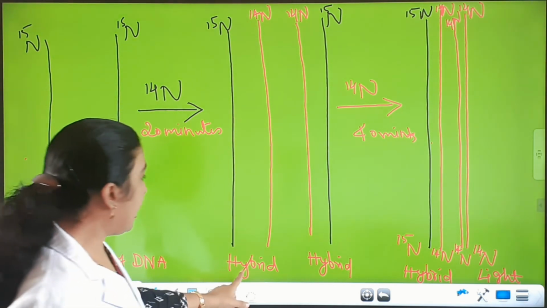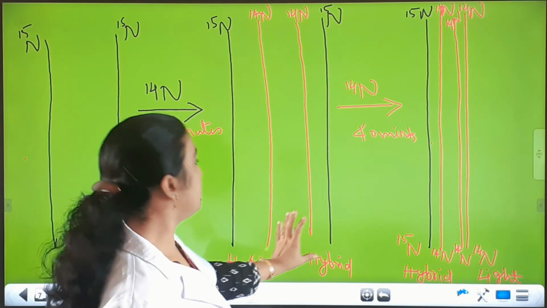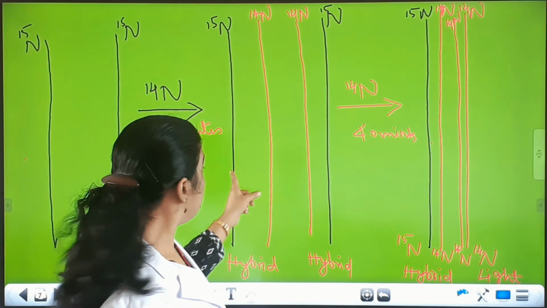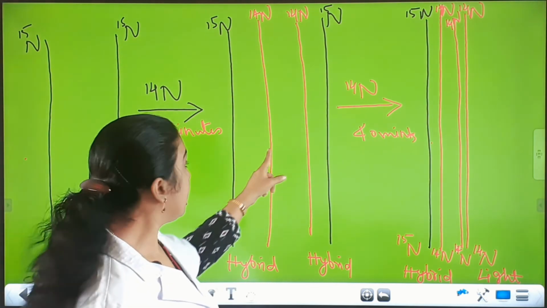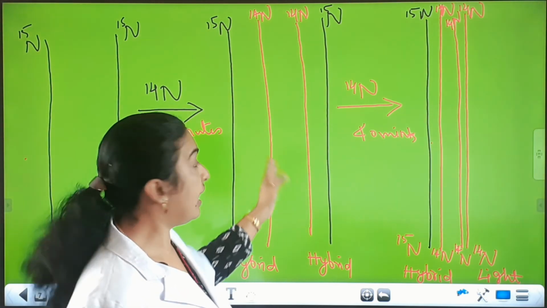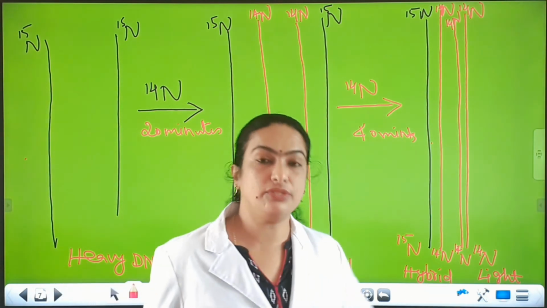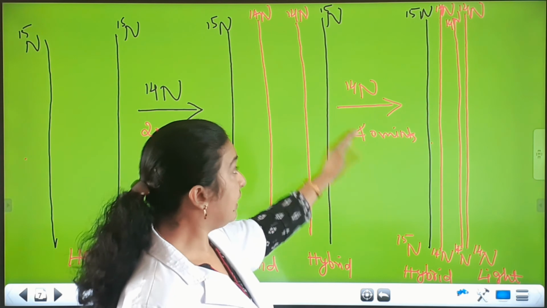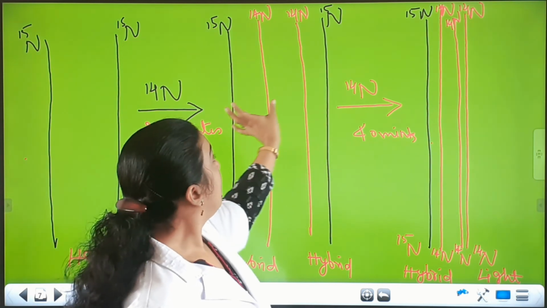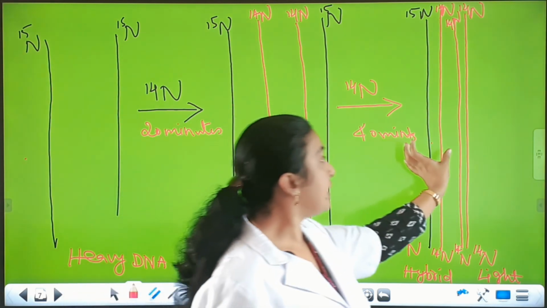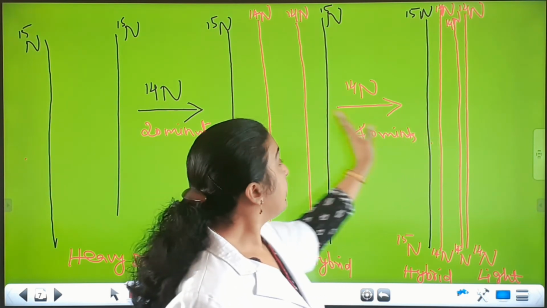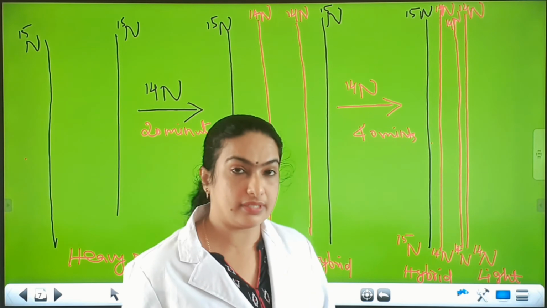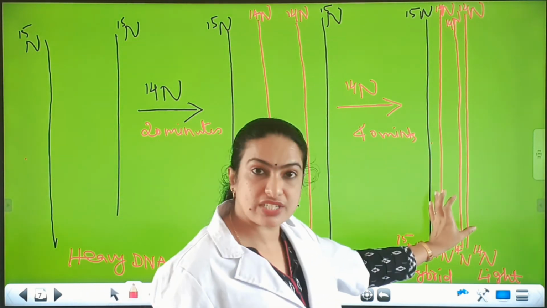So they got a hybrid variety or hybrid DNA which is having N14 and N15. So this is the heavy DNA strand and this is a light DNA strand. And after 40 minutes in total, they observed that in the same medium, the strands get separated and undergo replication and form new strands.